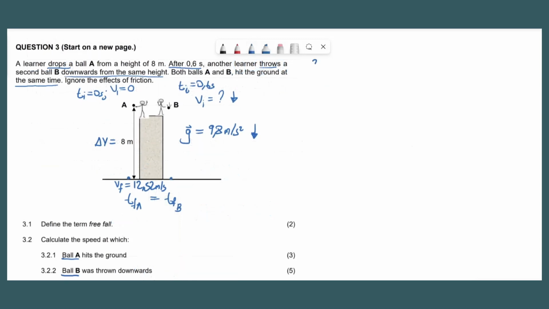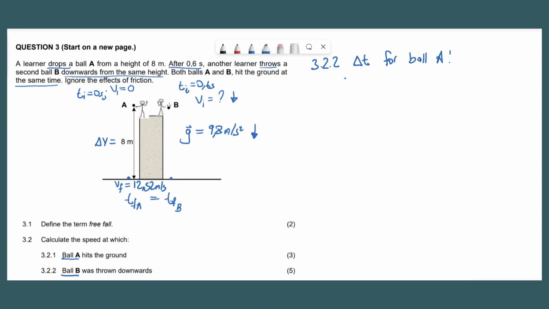And so in 3.2.2, the first thing that we are going to calculate is going to be the change in time for ball A. And as usual, the first thing that we need to do is to indicate our positive direction.